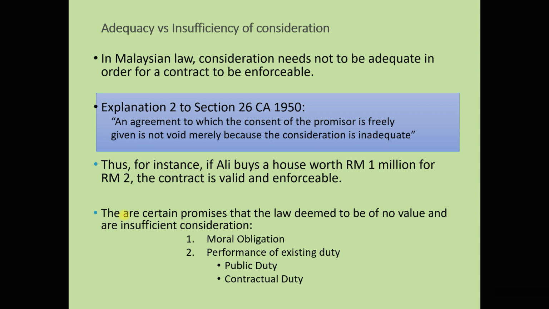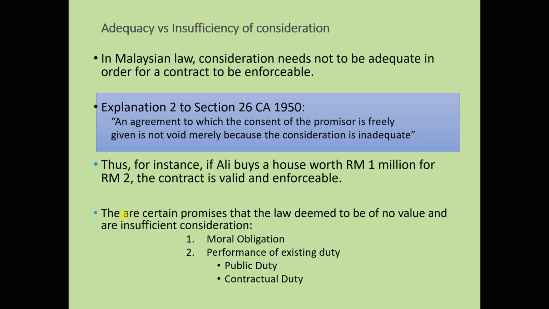Example, if Ali buys a house worth 1 million for 2 ringgit, the contract is valid and enforceable. Okay, so in this case, giving 2 ringgit for a 1 million house, some people might think that it is insane, right? Because it is inadequate.